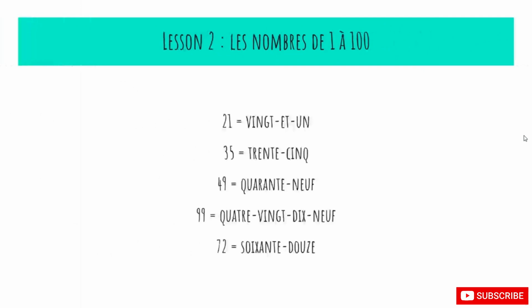So that's what I told you before. You know 20, so 21 is easy. You just add 1. Same thing with 35, 49. You take the first number, so 20, and you add the number you want after that. So 20, 21, 22, 23, 24. Same thing with 30, 40.